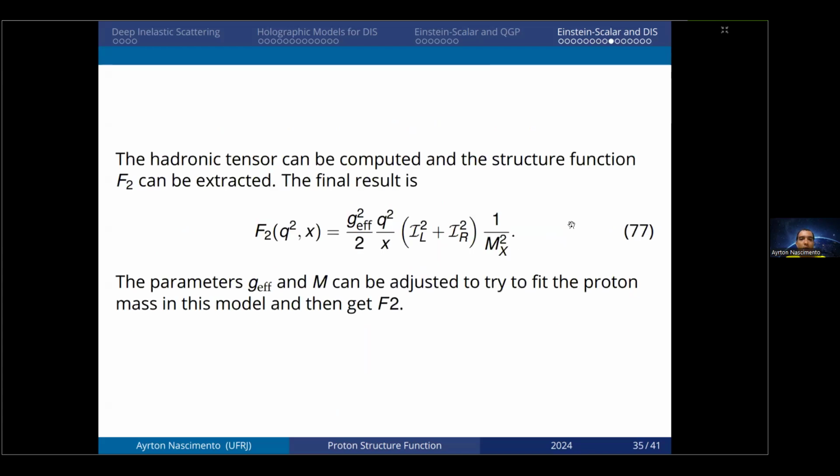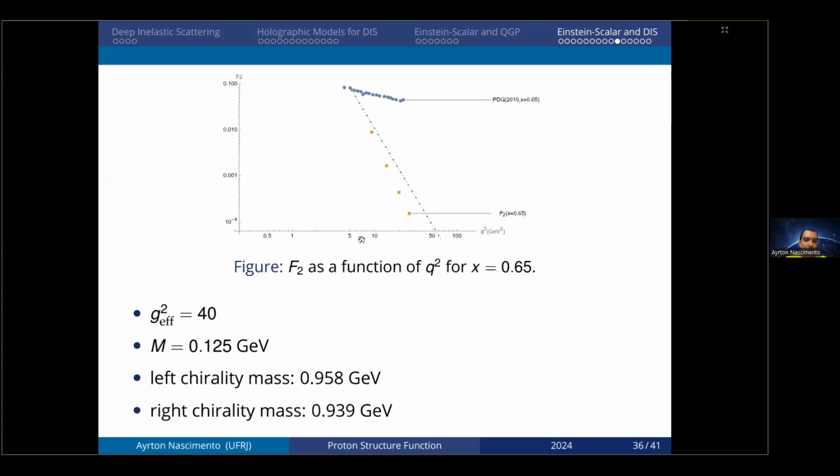Okay, so in my model, I can work out the mass in the bulk, and I can get F2. The model I use is not the Einstein-Hilbert model, it's mine; I was inspired by it. But when I applied it to this, I got these results. I tried to do the best fit to describe the proton mass, but with this model I don't get the same mass for the left and right chirality.